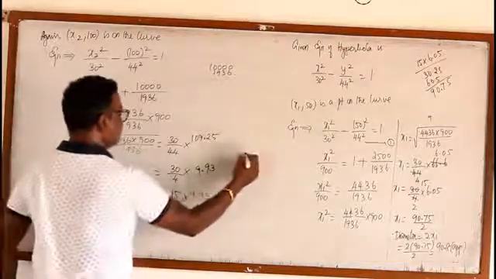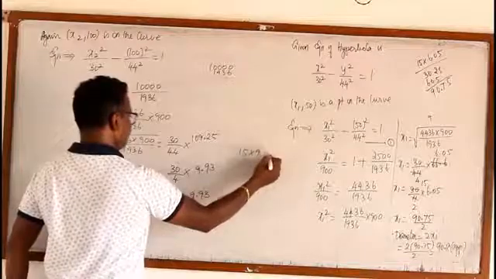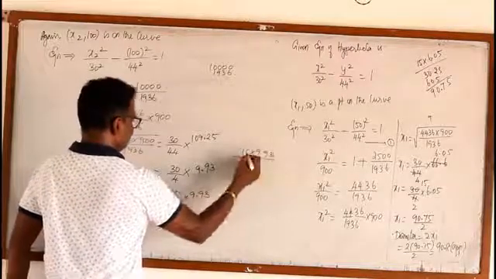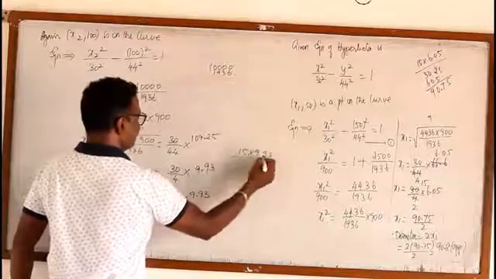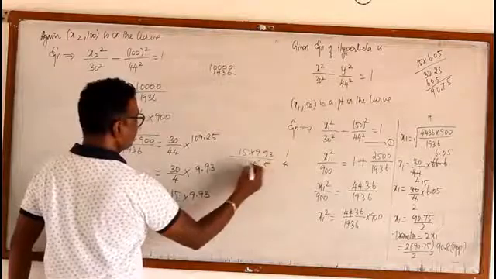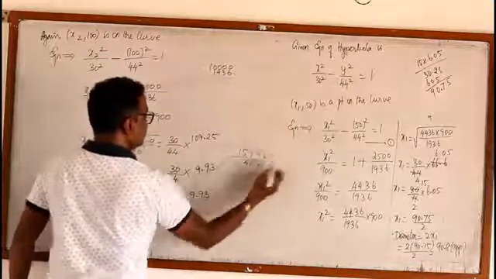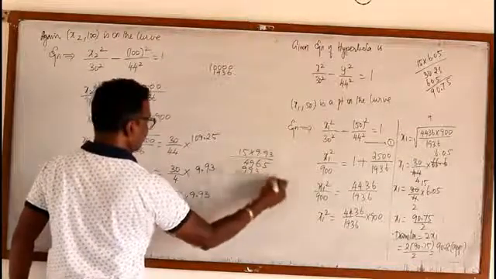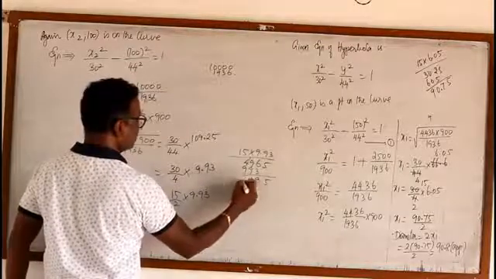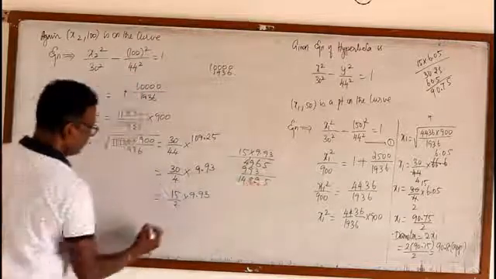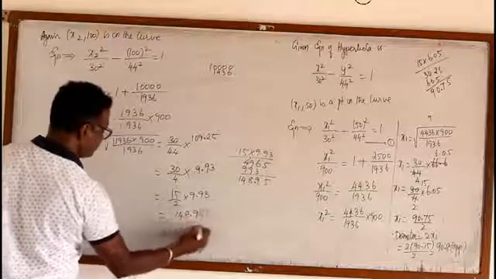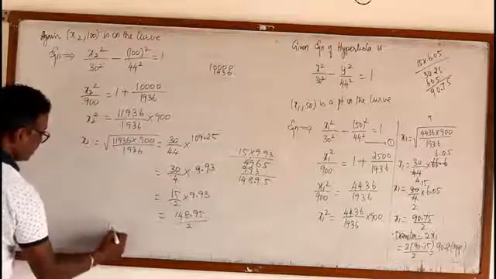We shall multiply 15 into 9.93, which gives 148.95 by 3.